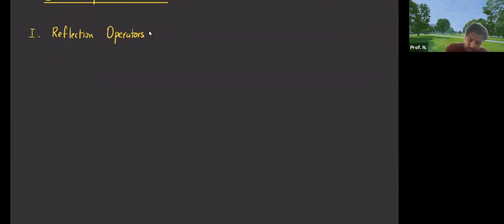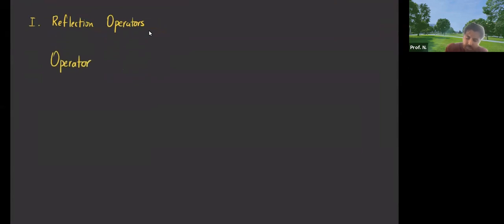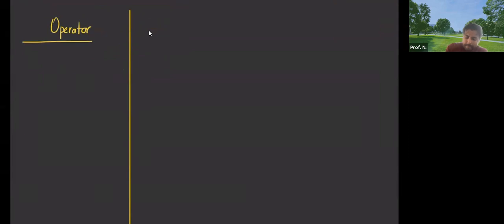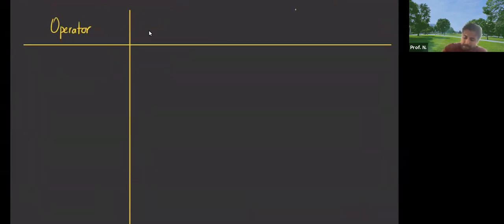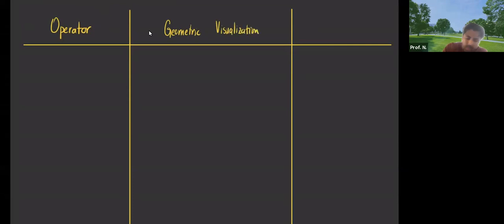So we're going to have a similar diagram table. We're going to talk about the operator, the geometric application of it or visualization of the operation, and then we're going to talk about the standard matrix.